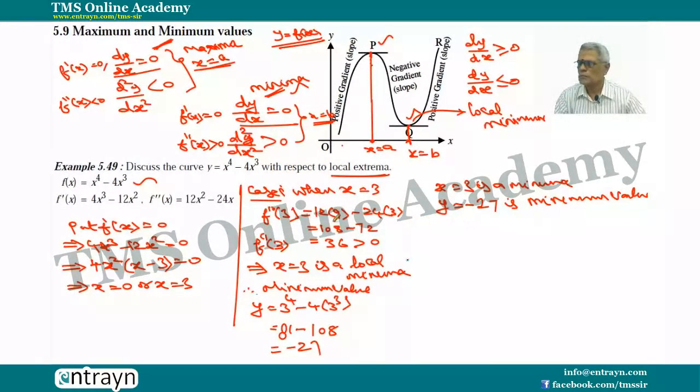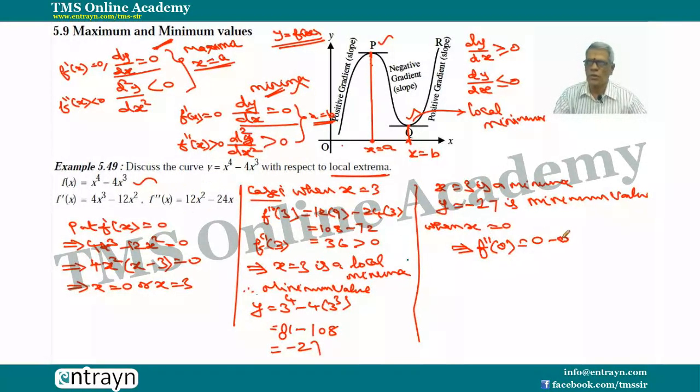Now we have another value, that is x is equal to 0. When x is equal to 0, put in f double dash of 0. This implies f double dash of 0, that is d square y by dx square, is 0 minus 0, which is 0. So d square y by dx square is neither negative nor positive.